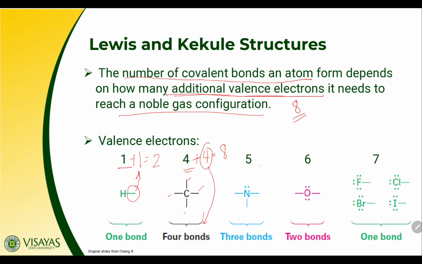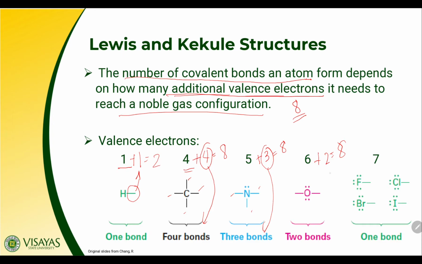Nitrogen has 5 valence electrons. To reach a noble gas configuration or to have an octet, it will need 3 additional electrons. That is why nitrogen will form 3 bonds: 1, 2, 3. Oxygen is in group 6, so it will need 2 additional valence electrons to reach a noble gas configuration.